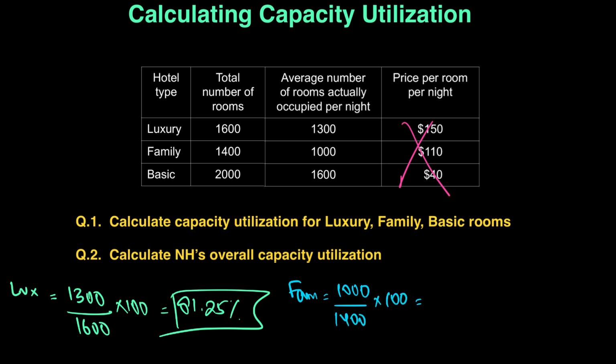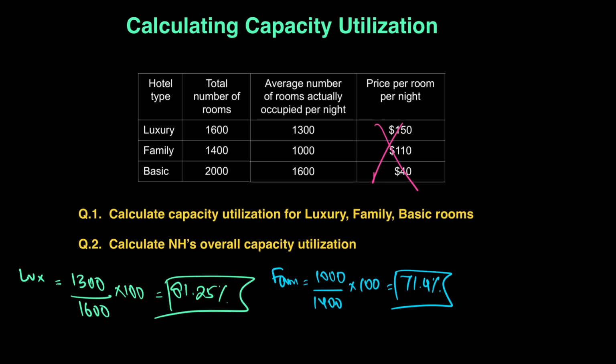That gives me 71.4%. And lastly, if I look at my basic rooms, that is 1600 divided by 2000 into 100, and that gives me exactly 80%.